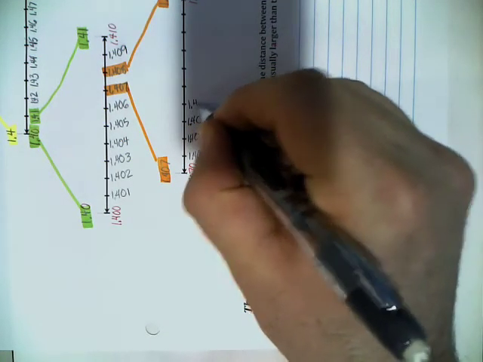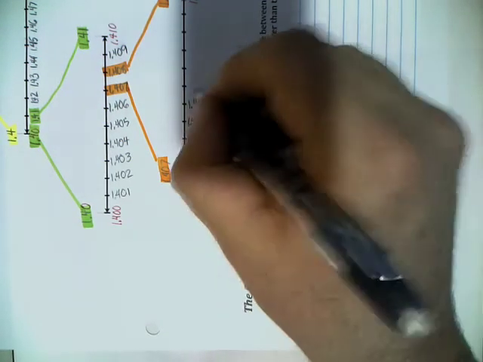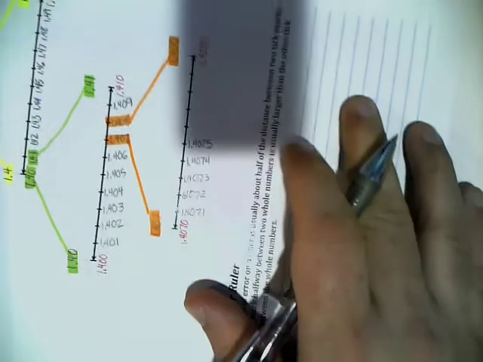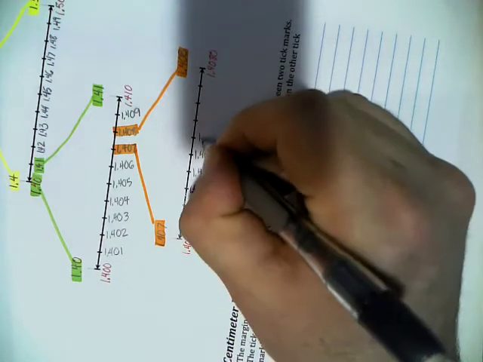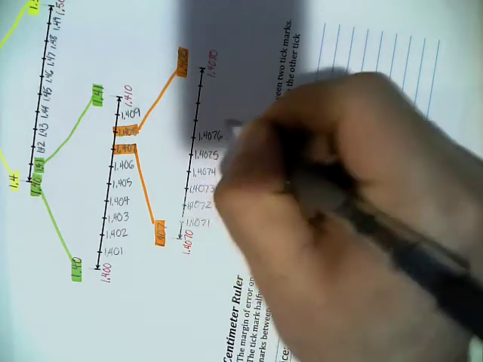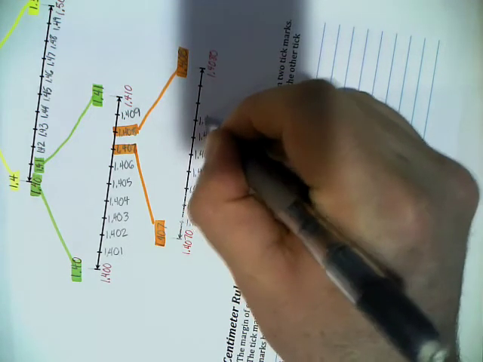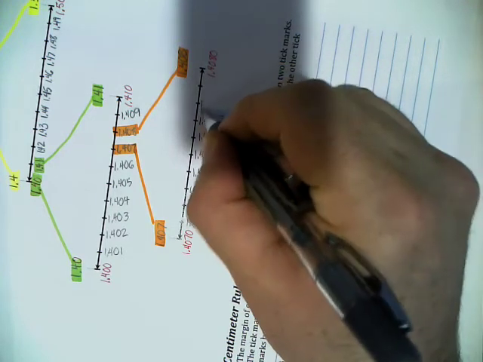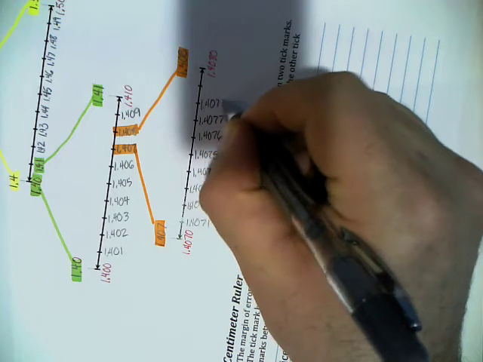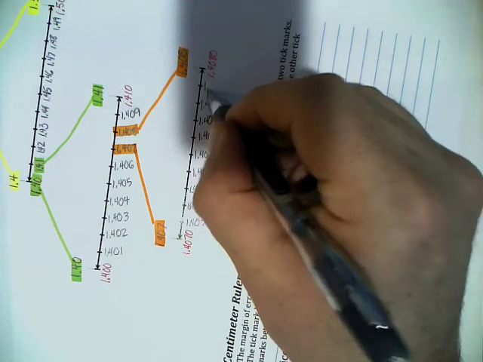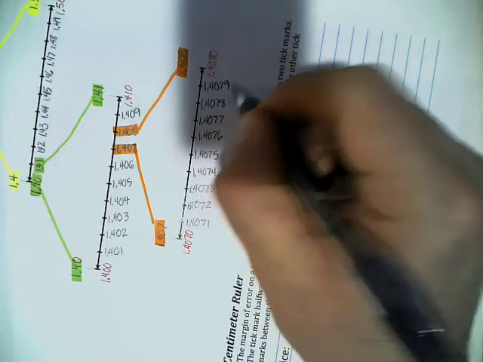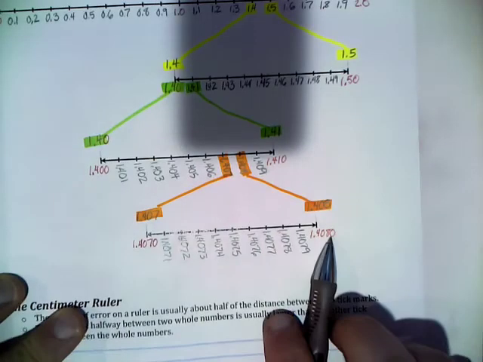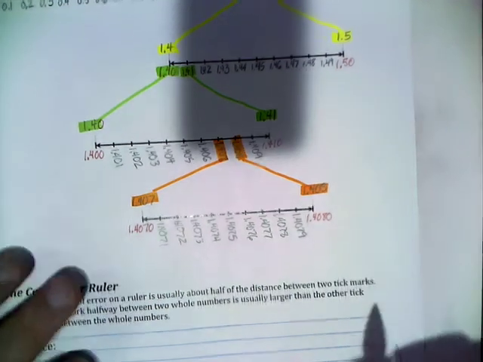So next is 1.4074, then 1.4075, 1.4076, looks like the 76, 1.4077, which is really 77, 1.4078, looks like 78, and 1.4079. And after the thing that looks like 79 should come the thing that looks like 80. And there we are.